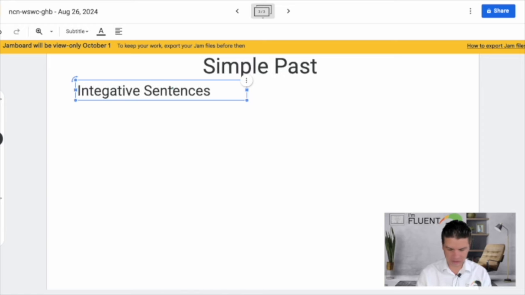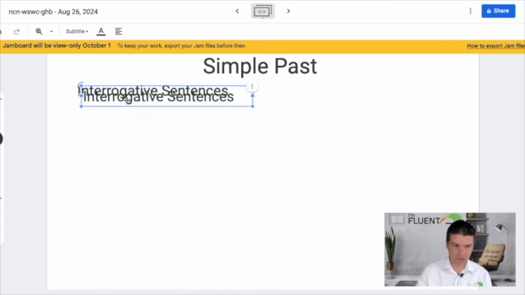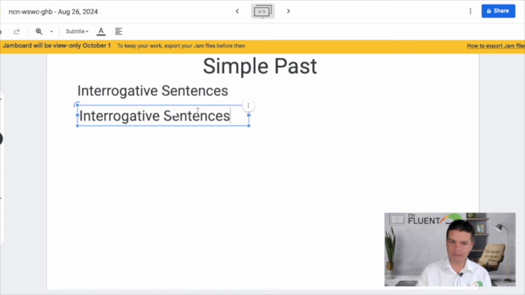The interrogative sentences are to ask. For example, did you travel to Jamaica last summer? I'm gonna just go all the way up front and put did for every single pronoun.